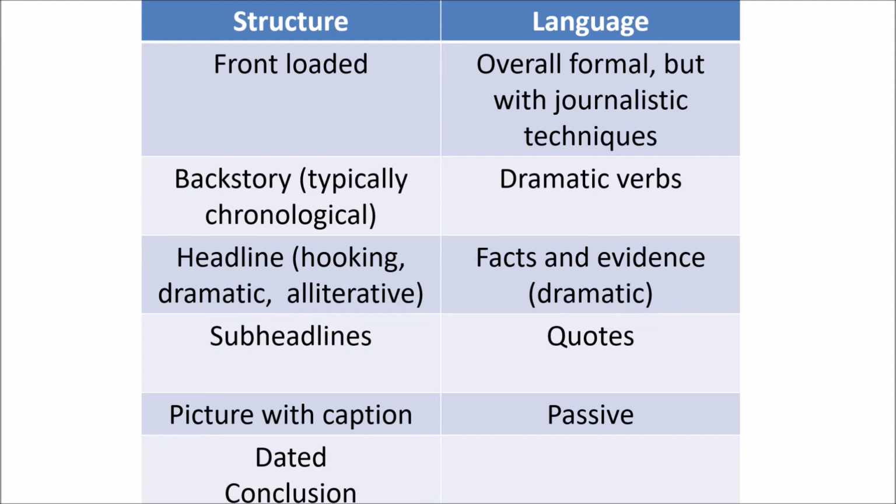We've already spoken about the language that is expected. Have a go at using dramatic verbs. And you may want to include some facts and evidence, or even some quotes in this first part, to keep it dramatic, to keep it as a sell.